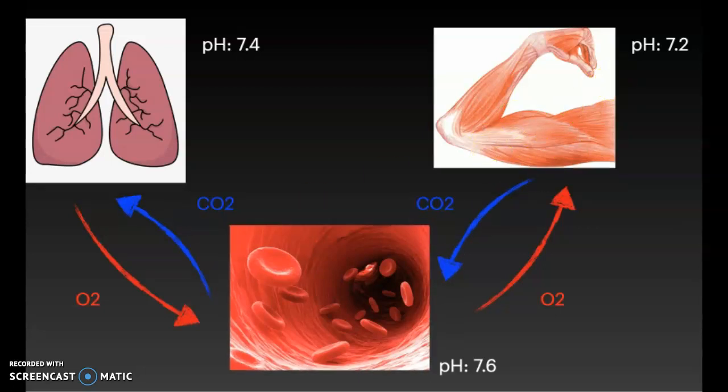So when the pH drops in the tissue, this causes hemoglobin to lose its affinity for oxygen, which causes the release of the oxygen from the hemoglobin molecule.